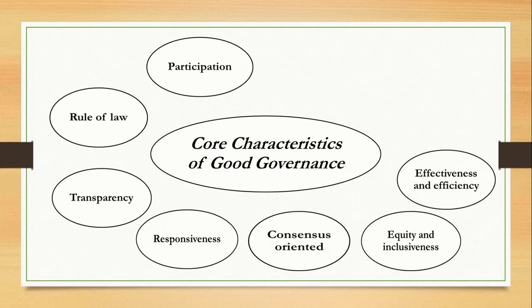Now let me discuss effectiveness and efficiency. Dear students, good governance means that processes and institutions produce results that meet the needs of society while making the best use of resources at their disposal.